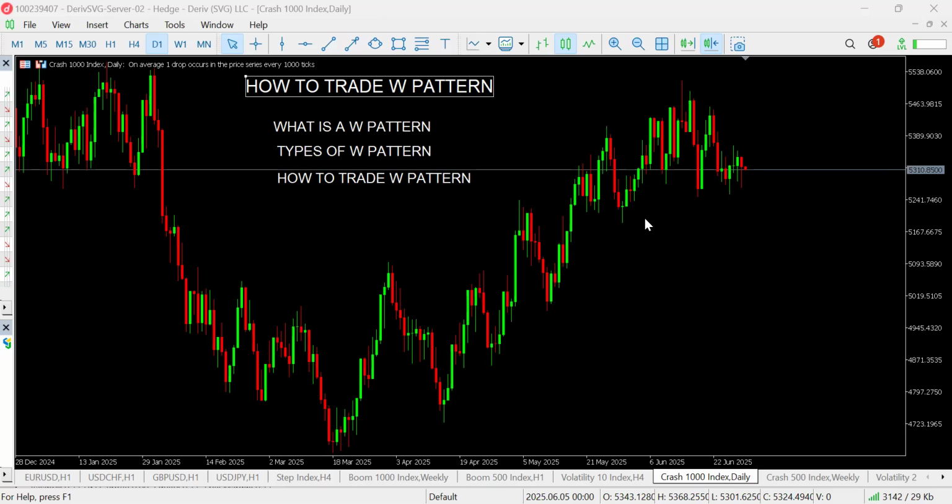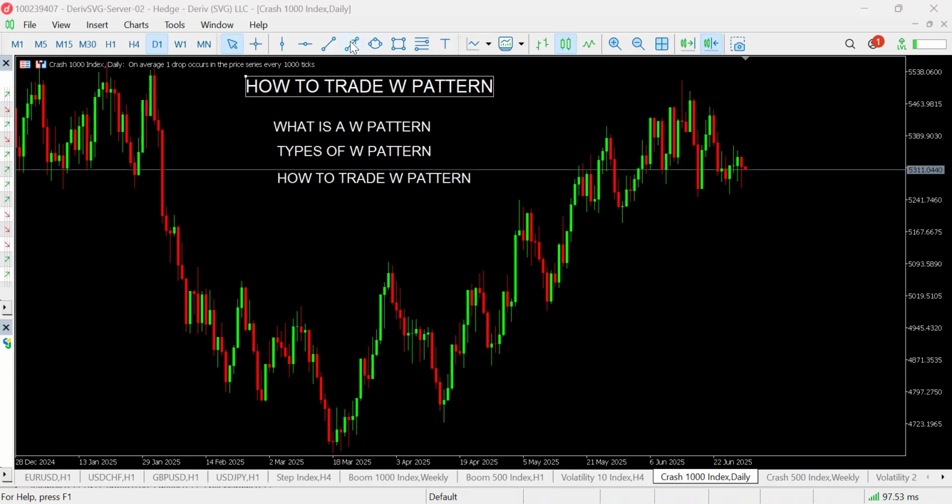So that now leads us to the question, where should we mainly look out for W patterns? It will be best to look out for these patterns when we feel like a downtrending market or a bearish market is gradually coming to an end. So if you ask, I would say that W patterns can be referred to as bullish reversal patterns.